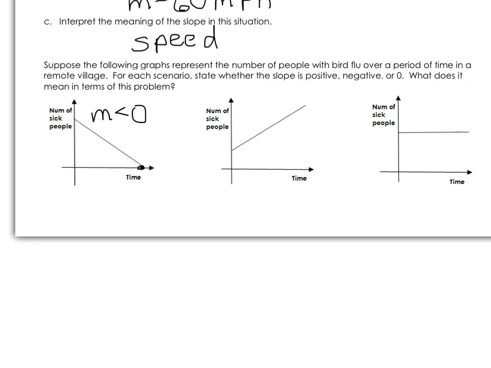So what happens in terms of sick people in the village? Eventually, there are no more sick people. It doesn't really tell us if those people died or they got better, but eventually there are no more sick people.